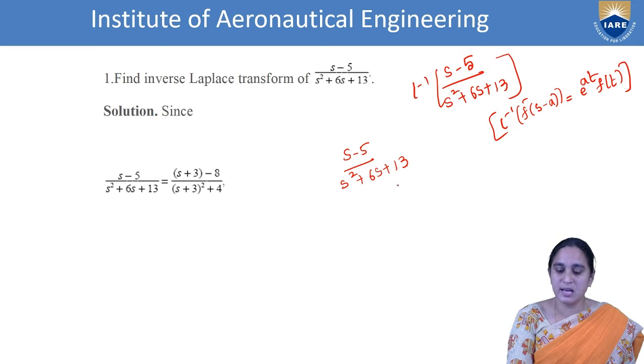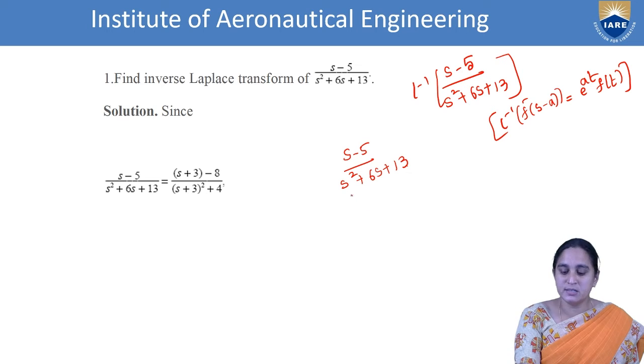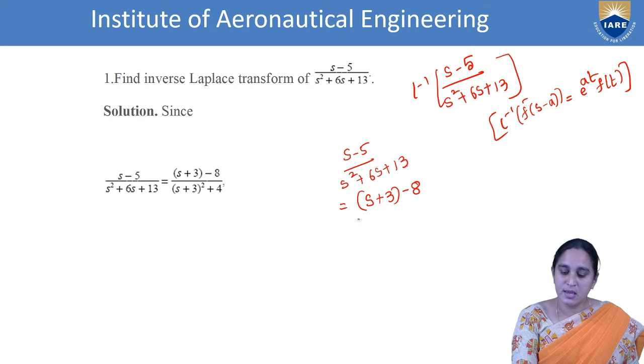The direct question is s minus 5 by s square plus 6s plus 13. For our convenience, I'll write the numerator as s plus 3 minus 8, and convert the denominator to the s plus 3 form: s square plus 6s plus 13 is s square plus 6s plus 9 plus 4.